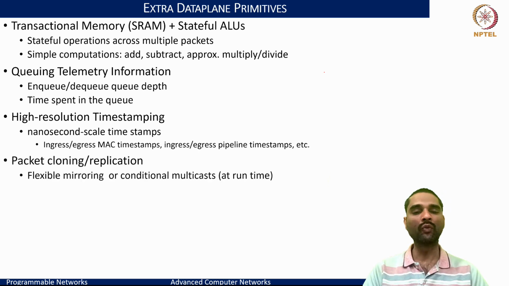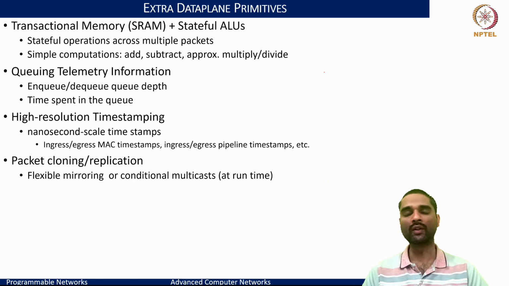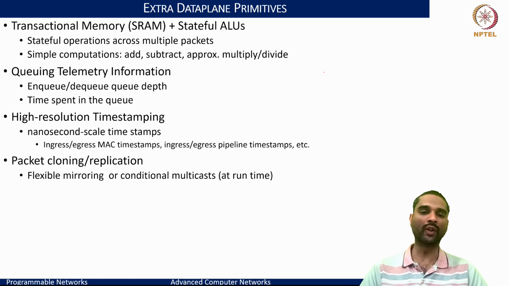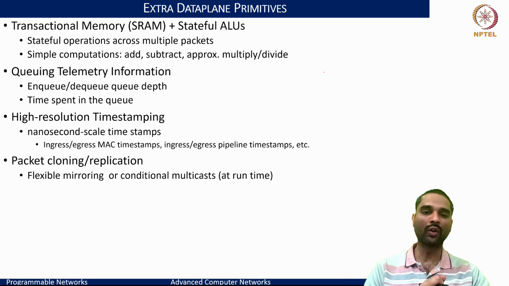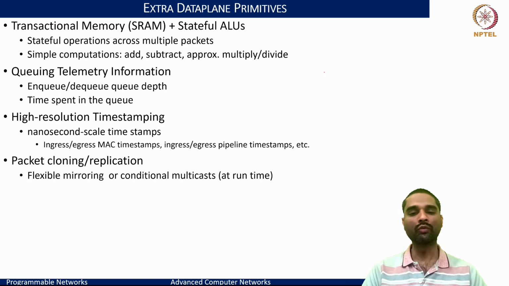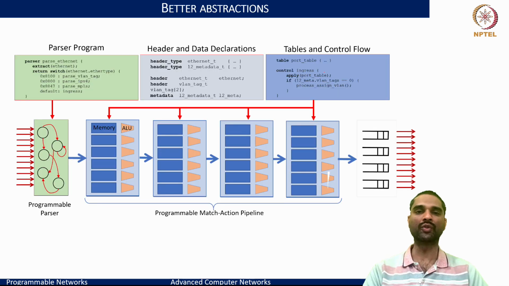And in fact, when we want to monitor the traffic and see what kind of activities are going on, we may want packet cloning and replication capabilities so that we can mirror the traffic and see what's going on at different kinds of analytics or monitoring devices. And we could also do conditional multicasts so that the packets can be sent out on different ports.